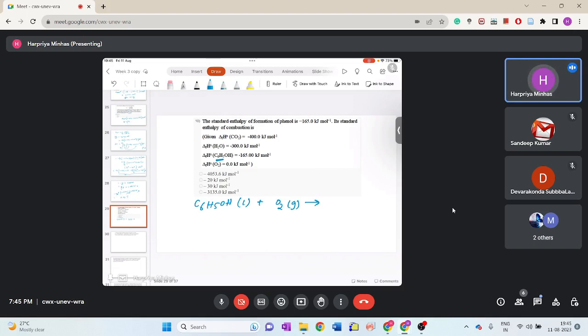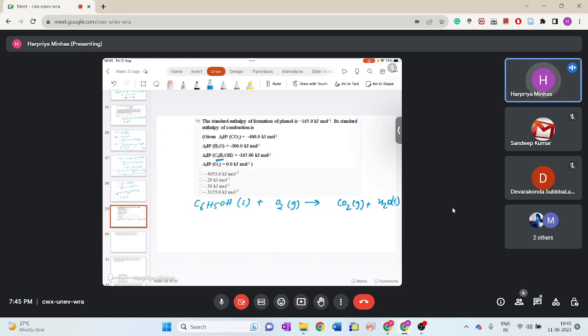Now in combustion, your CO2 is getting released, that is gas, and it's going to form your water. Now balance this equation. So balancing the equation is very important, because that stoichiometry is going to be used in your further calculation. That is the number of moles that is being used up in this overall combustion step.